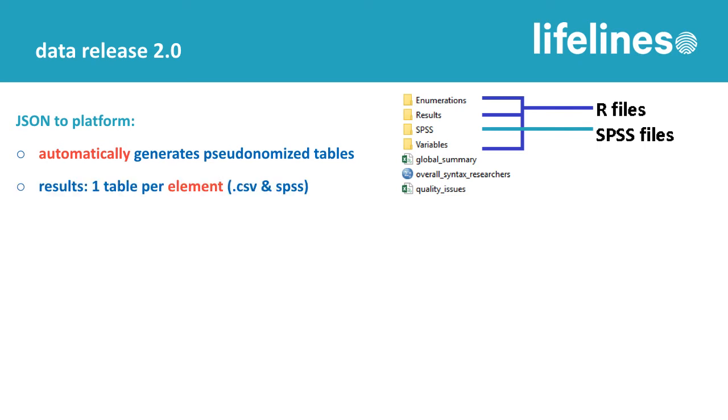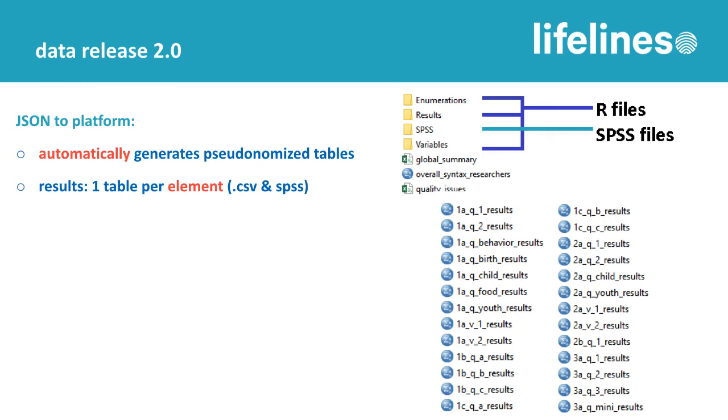And yeah, you will notice, or now you understand probably, that we release these tables to you per element. So the element is the defining factor which decides which data goes into which table. So that looks like this. Anything before underscore results is the name of the element. So 1AQ1 means assessment 1A, questionnaire 1, and that's one of the elements of baseline.